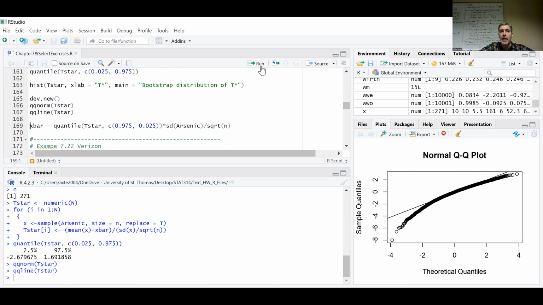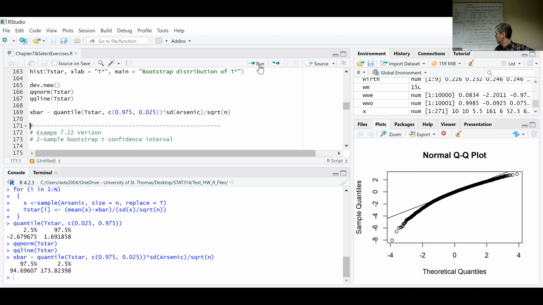And then here on line 169, I'm actually calculating the two bounds of the confidence interval with the 0.975 and the 0.025 quantiles. And if I run it, I get 94.7 to 173.8 as my confidence interval. I don't quite know why the 97.5 and the 2.5 are where they are, but so be it. So you should start to get familiar with that code.